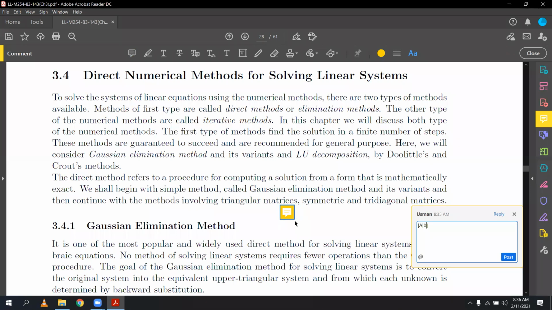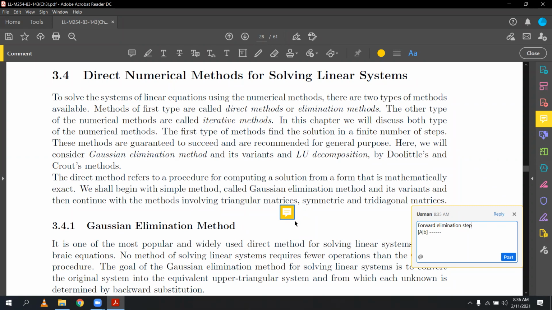You use that one. This is the first step, and we call it the forward elimination step.